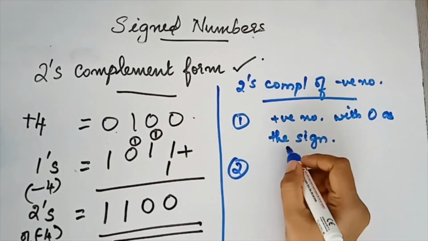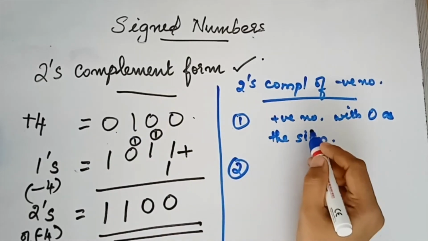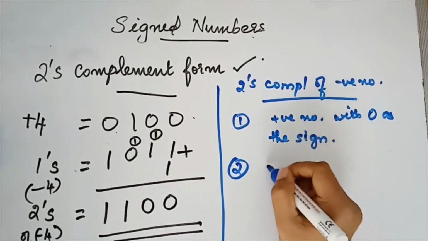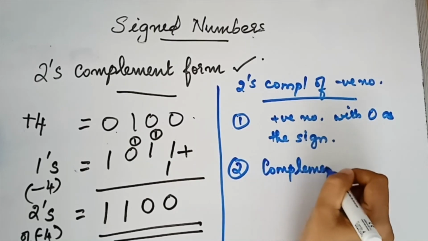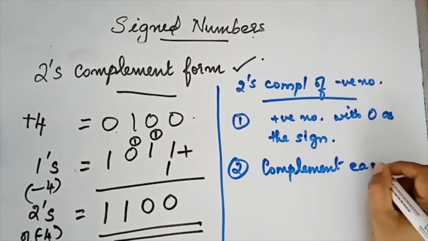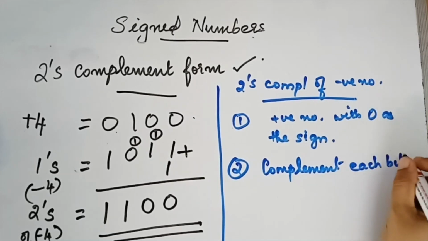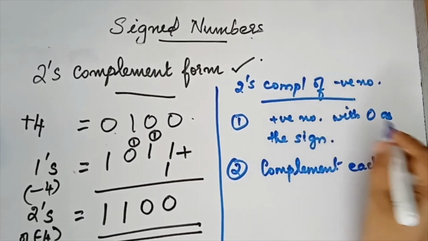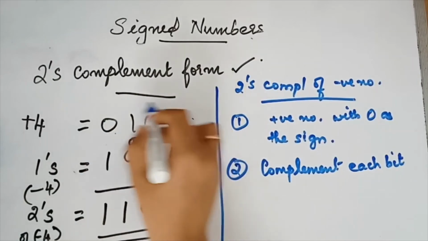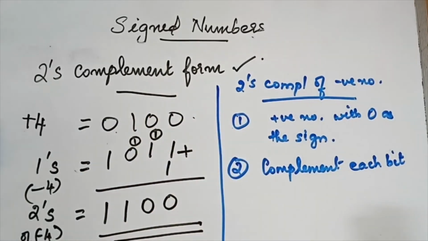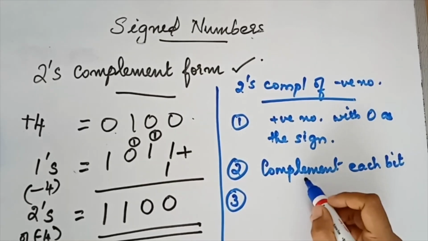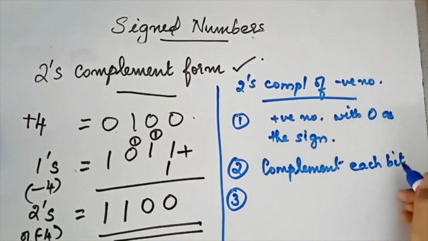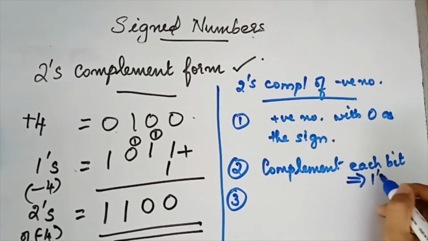Then write the complement, that is, complement each bit of this particular number. This will give you the 1's complement.